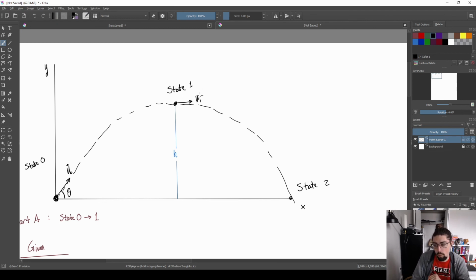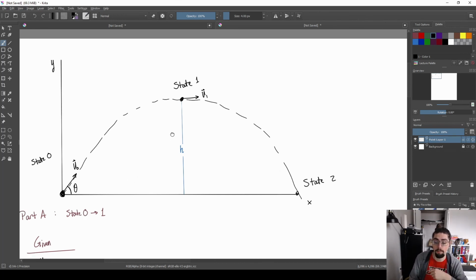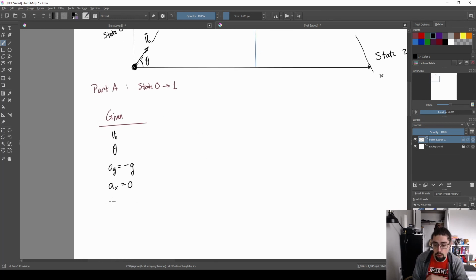Let me just call this v1. v1 at this point is purely horizontal. Then it starts falling back down. Then it picks up a y velocity again, but in the negative direction on the second half of this picture. So I will agree with that. What I will say is that vy1 is going to be equal to 0.